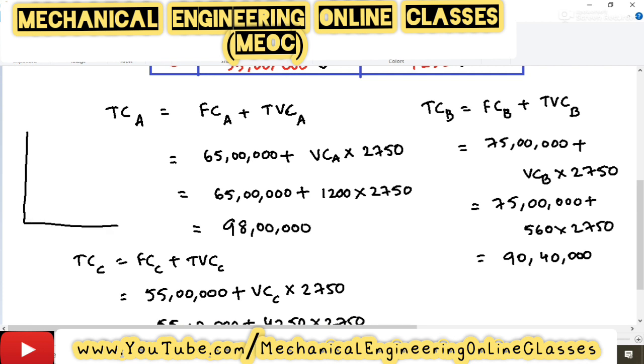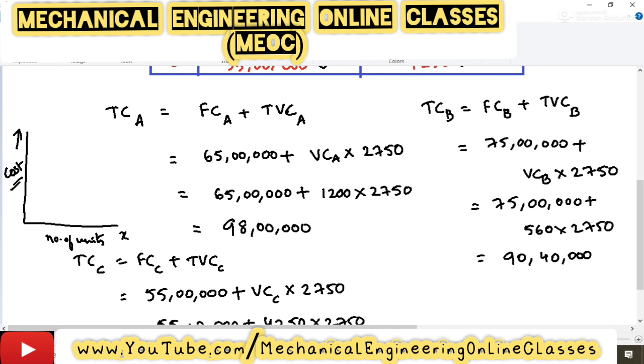for which x-axis indicates the number of volume or number of units of production, and y-axis indicates the cost. Now if you suppose that y-axis is indicating cost or total cost or fixed cost or whatever, it is indicating cost.